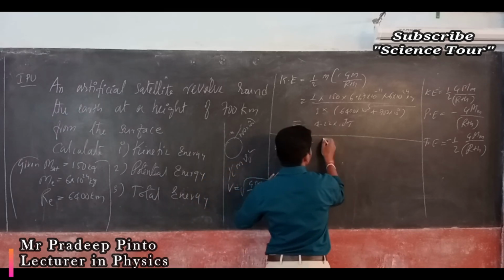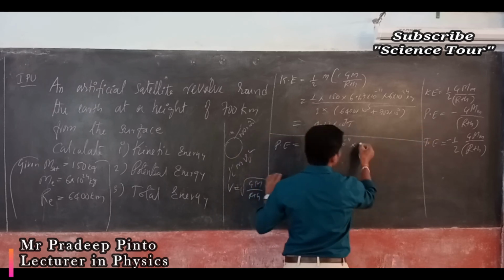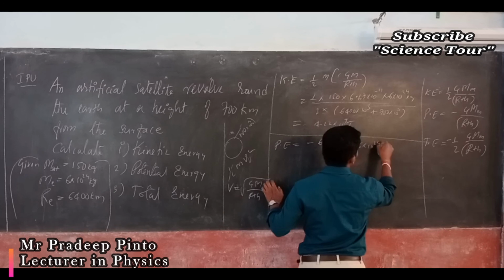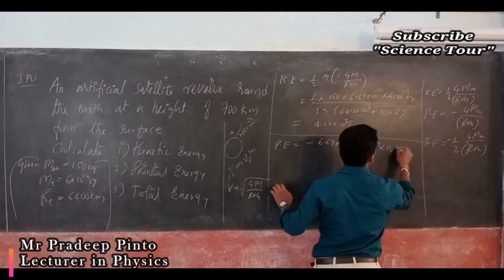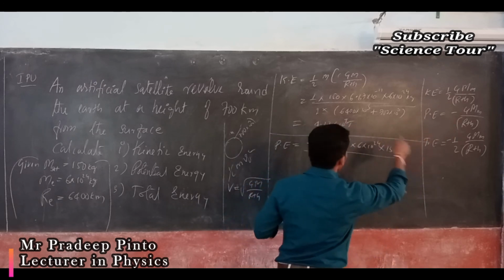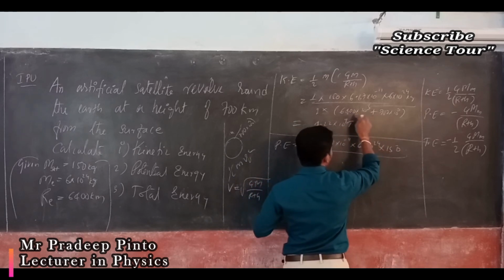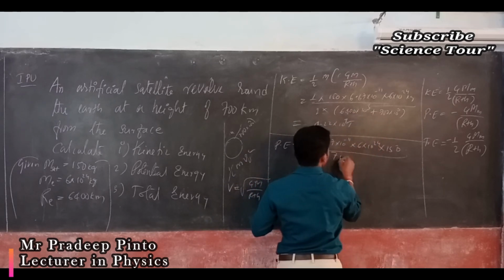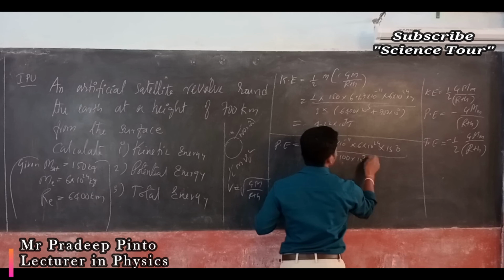So potential energy will be equal to minus G, that is 6.67 into 10 to the power minus 11, into mass of the earth, 6 into 10 to the power 24 kg, and mass of the satellite is 150 kg, divided by r plus h, that is 7100 into 10 to the power 3 meters.